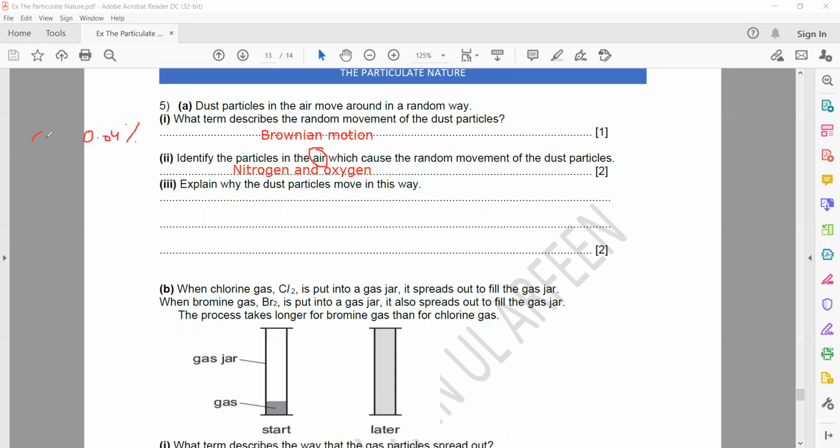But nitrogen is about 78% by volume and oxygen about 21%, so the total is about 99%. So these are the particles responsible for most of the collisions. Yes, there will be collisions of carbon dioxide with the smoke or dust particle, but most of the collisions are due to nitrogen and oxygen. One mark is for mentioning nitrogen, and the second mark is for mentioning oxygen molecules.